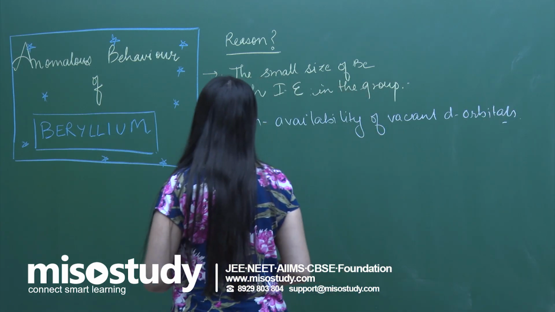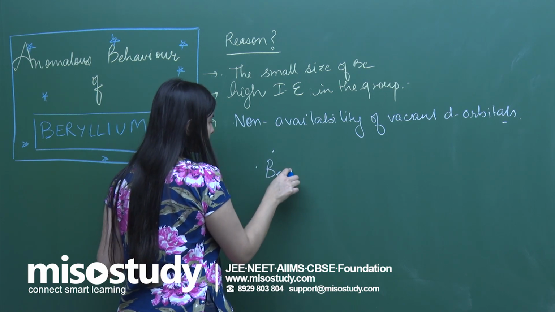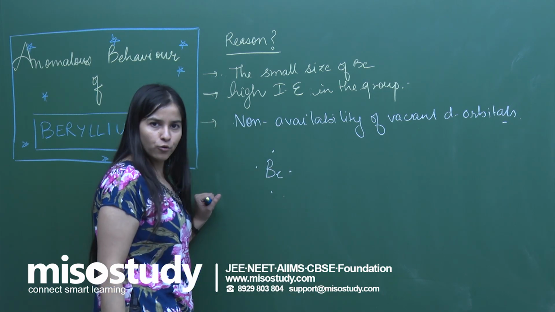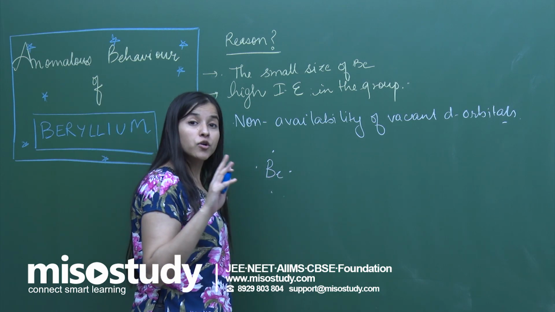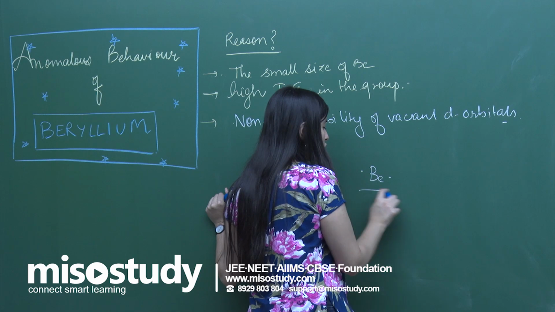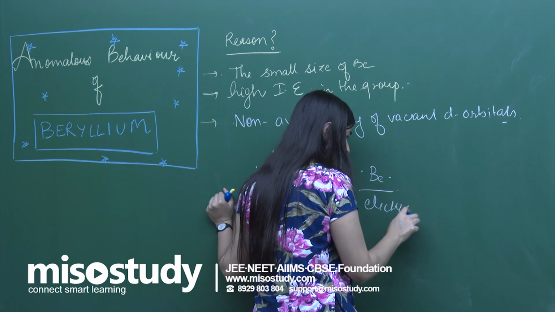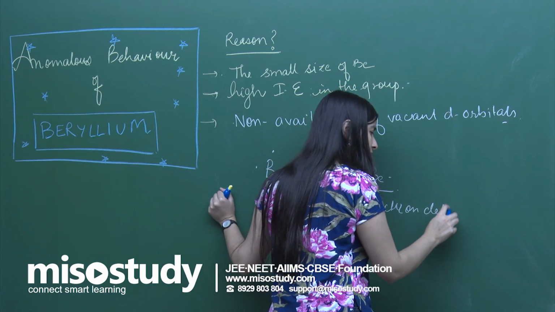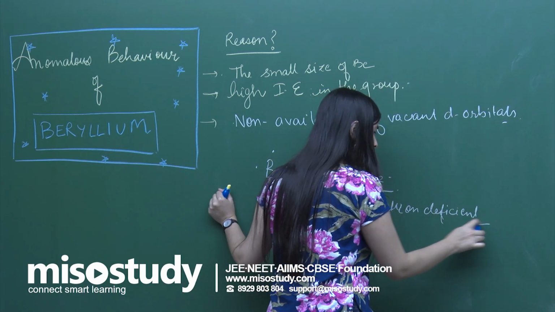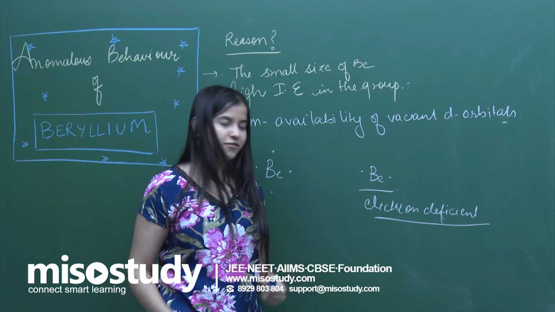You know what the problem with beryllium is? It has got 4 electrons, right? And if I talk about the valence electrons, these are just 2. So beryllium is always electron deficient, right?